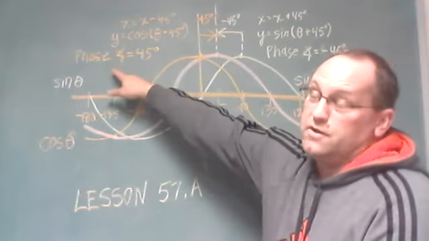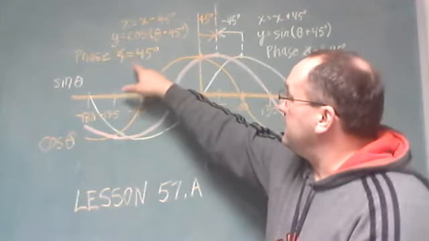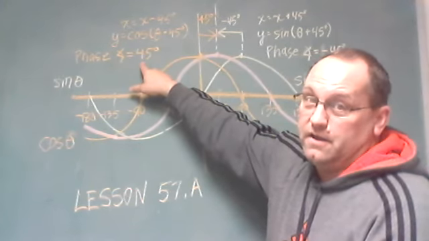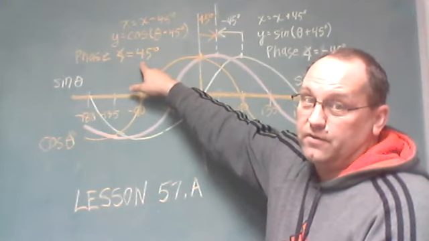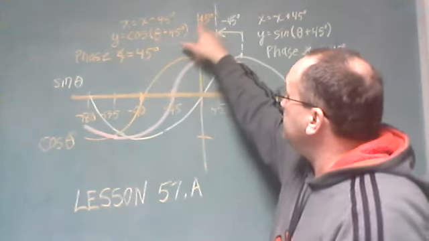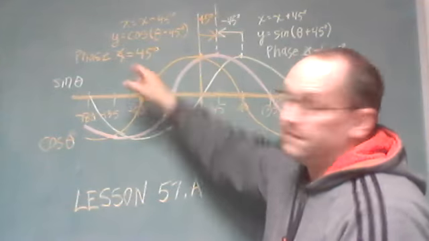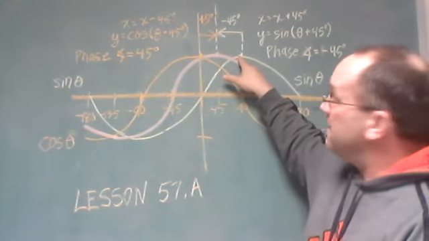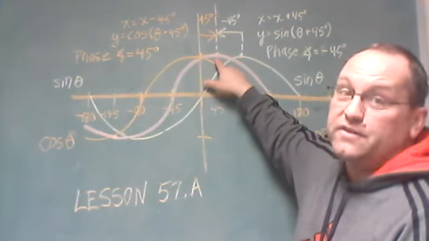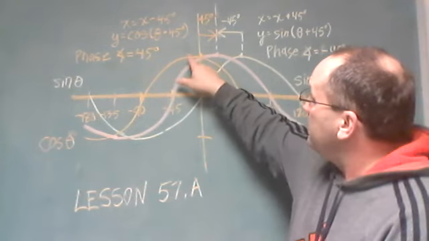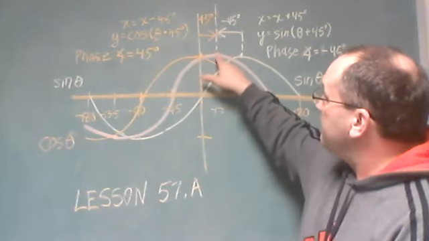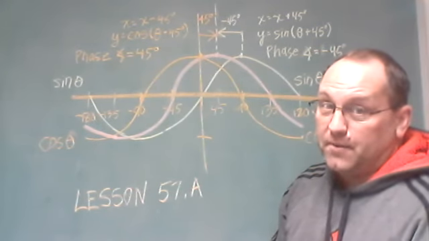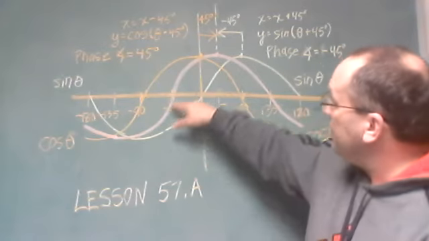And again, notice the phase angle indicates which way the curve is actually shifting on the graph, right or left. It's the same as the amount that it moves. Now notice, when we move the sine function 45 degrees to the left, or we move the cosine function 45 degrees to the right, they both will overlap along this red curve.